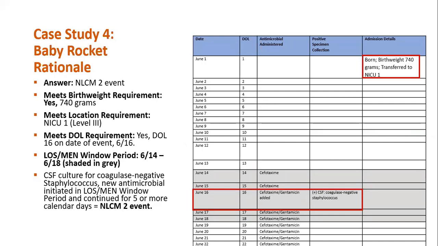The coagulase negative cerebrospinal fluid culture creates a 614 to 618 late onset sepsis MIN window period, and at least one new antimicrobial was initiated in the late onset sepsis meningitis window period and continued for 5 or more days. As a result, an NLCM2 was met.